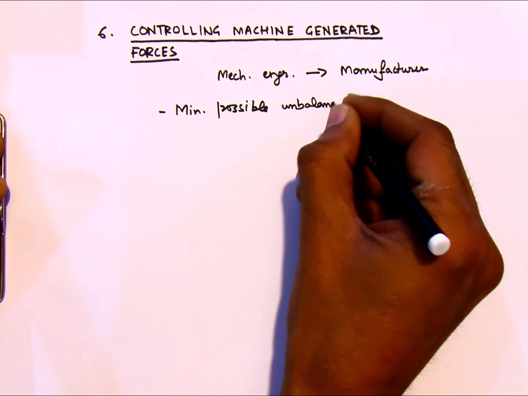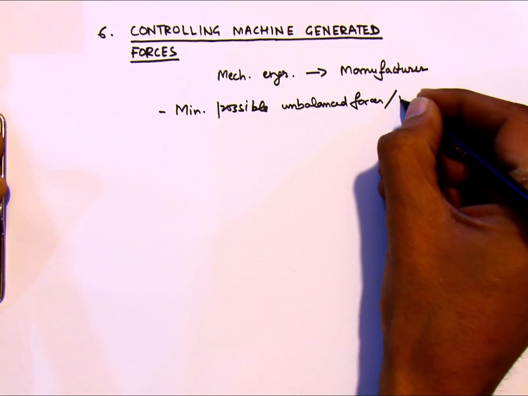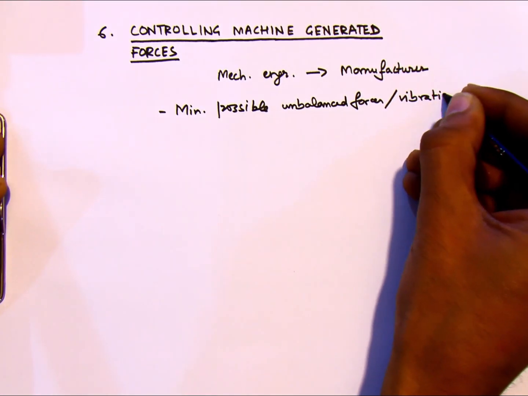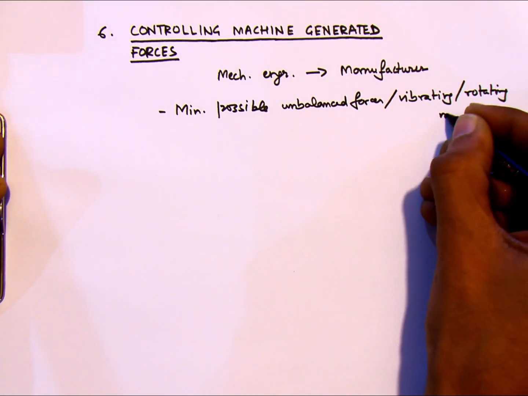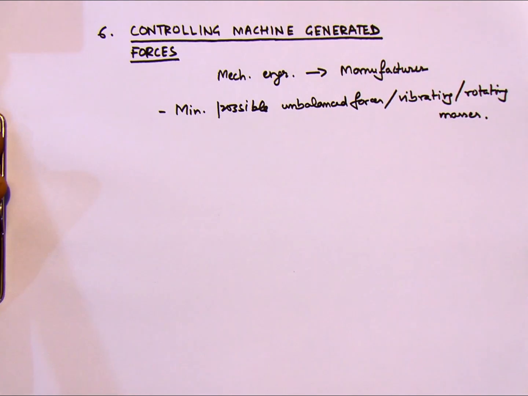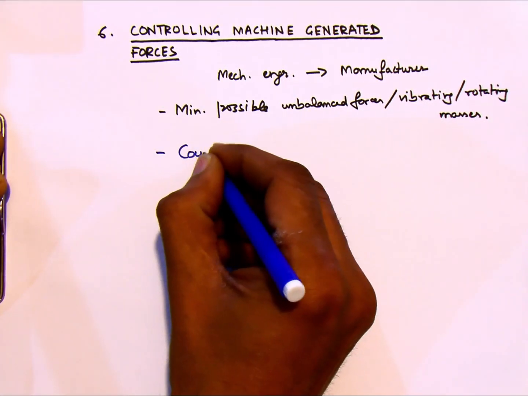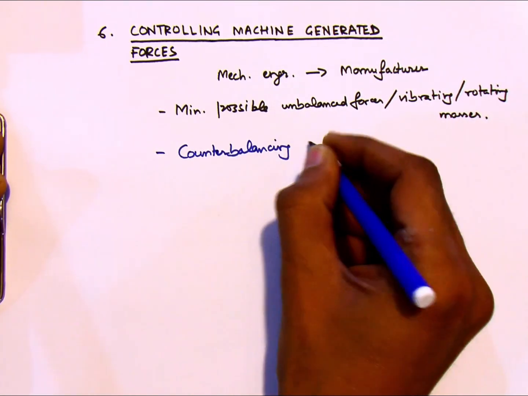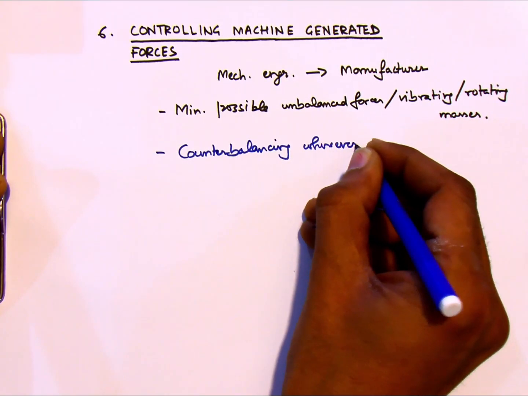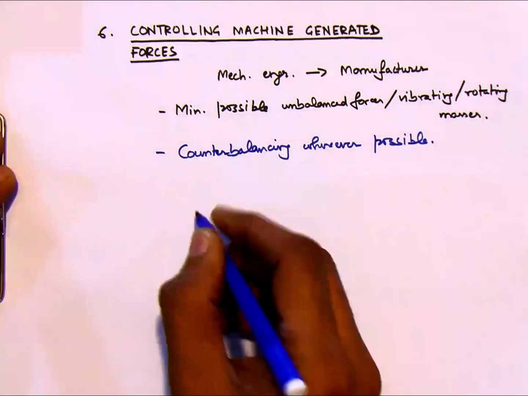So the manufacturer must ensure that the minimum possible unbalanced forces are generated when the machine operates. Now this can be achieved by suitably and intelligently configuring the vibrating and the rotating masses. And here the concept of counterbalancing comes into the picture. So the manufacturer may adopt the principle of counterbalancing wherever possible.